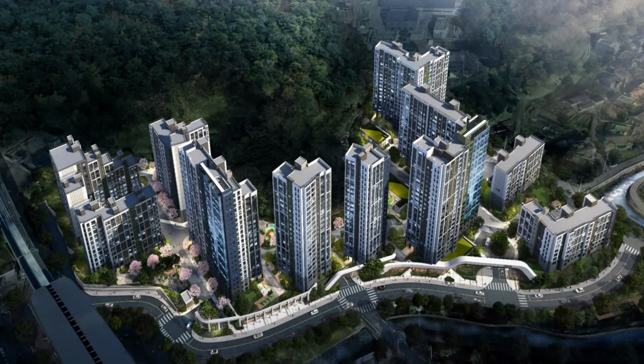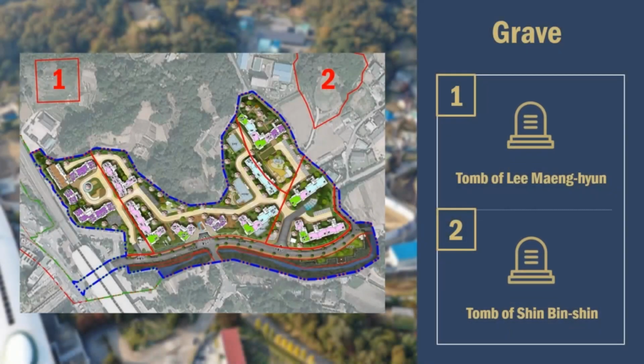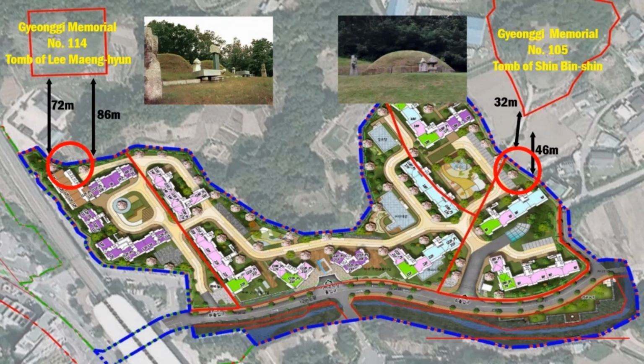Now, let's return and take a look around the Hanyang-Sujain River Pine apartment. Among the various types of cultural properties, the cultural property that is related to our construction site is the tomb. On the left side of the screen, there is the tomb of Lee Meng-hyun, Gyeonggi-do Monument number 114, while on the right side, there is the tomb of Shin Bin-shin, the 105th of Gyeonggi-do Cultural Foundation.